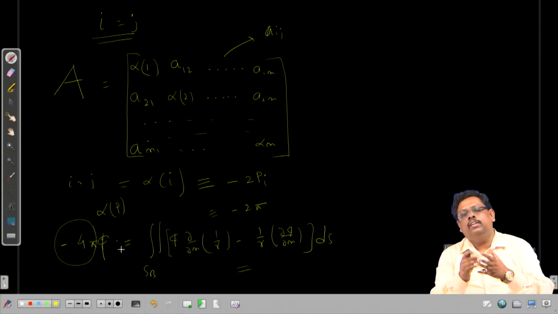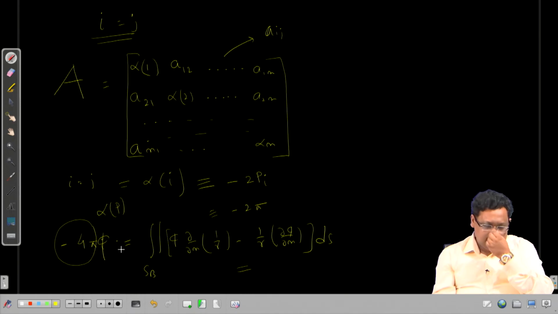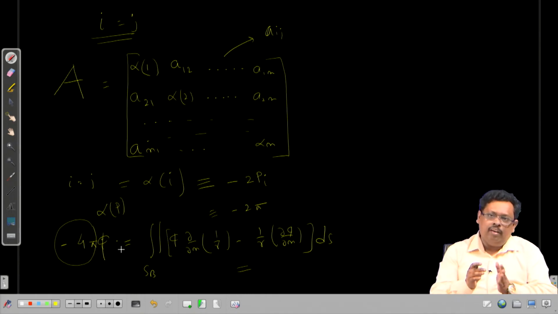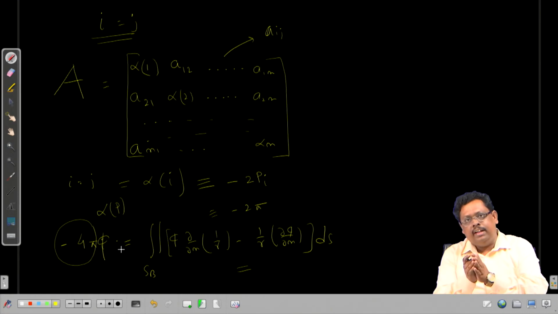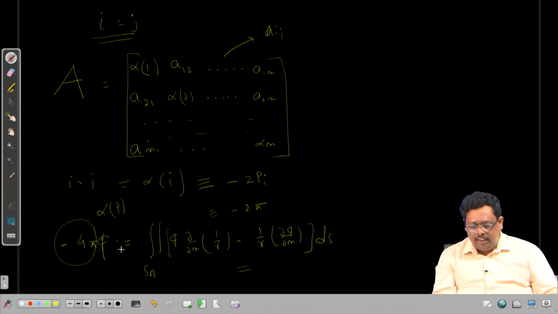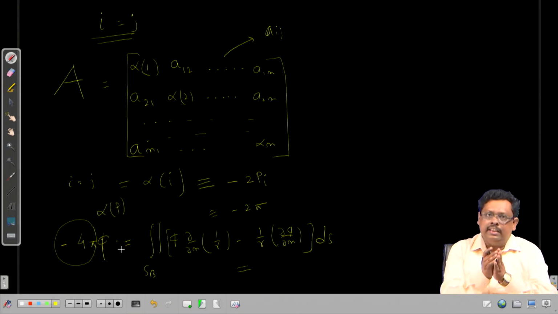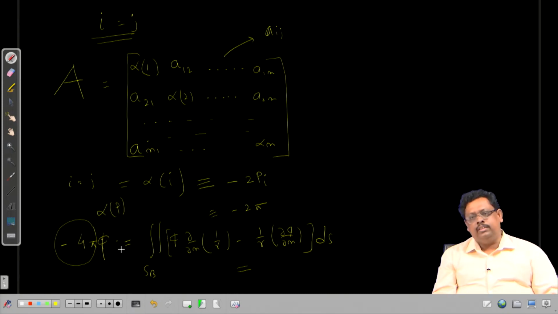We are going to discuss this later on, when we do this Wamit type solution, or the frequency domain panel method for floating bodies. That time we will come to know how this value comes as minus 2 pi, but for the time being let us take this as I said: when i equal to j, the matrix entry should be minus 2 pi.